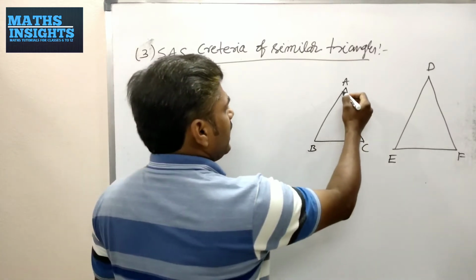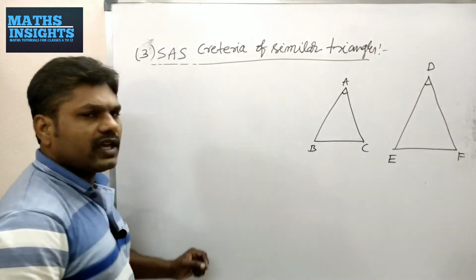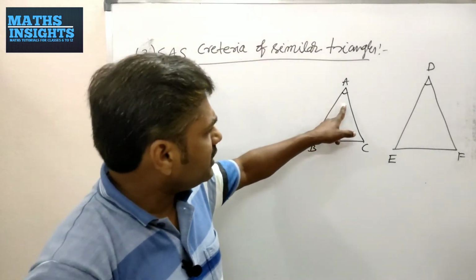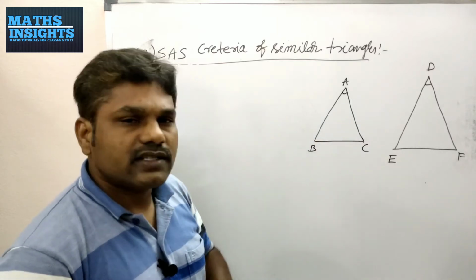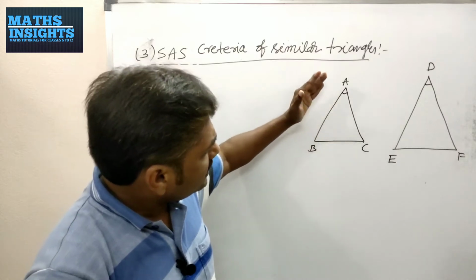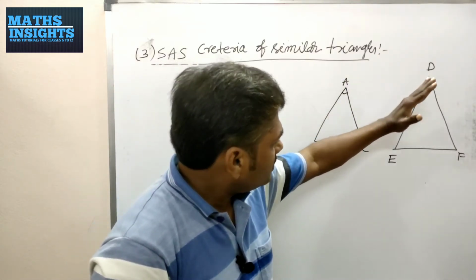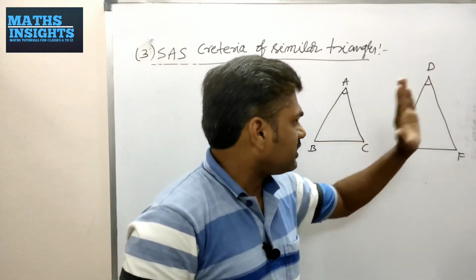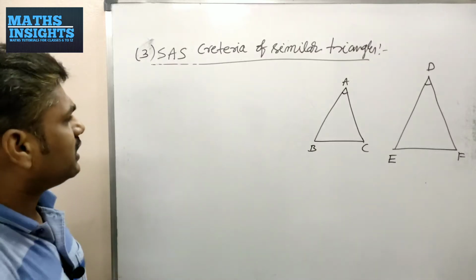I am taking angle A. They are saying that if an angle of the first triangle is equal to an angle of the second triangle, and the sides which include this angle, see, this angle is in between two sides, this is the first side and this is the second side, and this is the first side and this is the second side, then these two triangles are said to be similar.